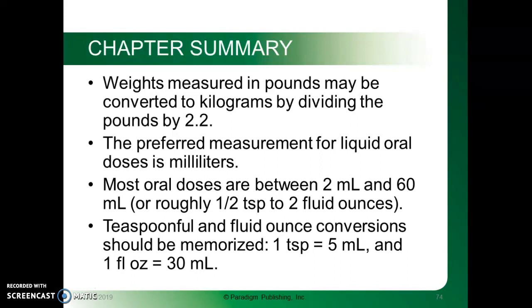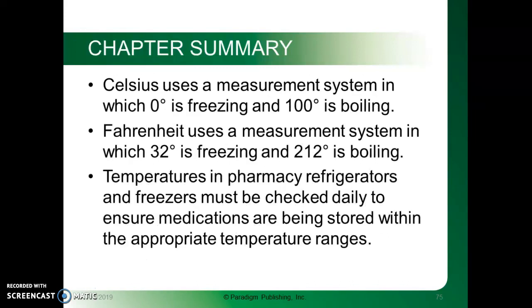The preferred measurement for liquid oral doses is milliliters, so it's the metric system. Most oral doses are between 2 mL to 60 mL, or roughly half a teaspoon to 2 fluid ounces. Teaspoonful and fluid ounce conversions should be memorized: 1 teaspoon is equal to 5 milliliters and 1 fluid ounce is equal to 30 milliliters.